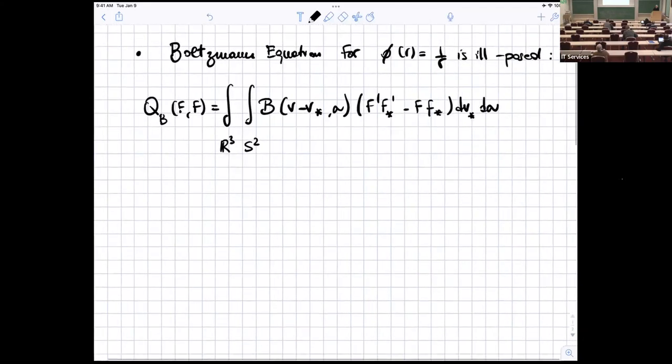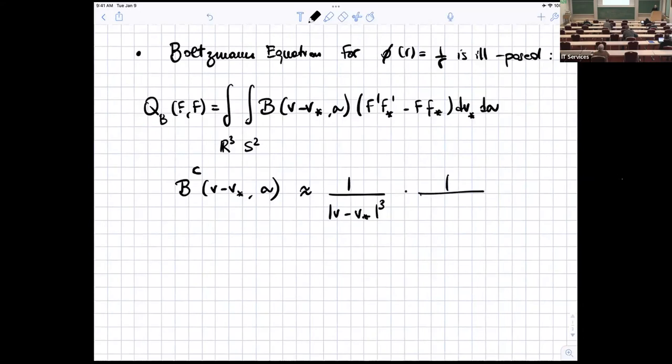If we look at how this kernel B looks when we put a Coulomb potential, it is proportional to a singular term of power 3, but this is not the problem, times 1 over sine to the power 4 of theta over 2.